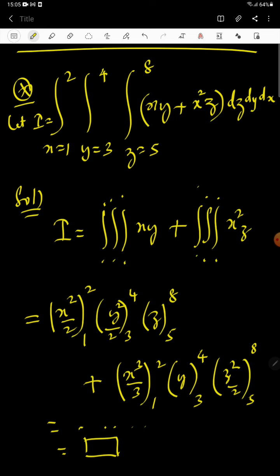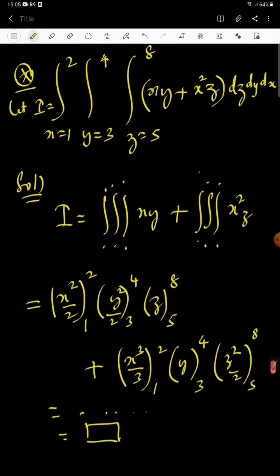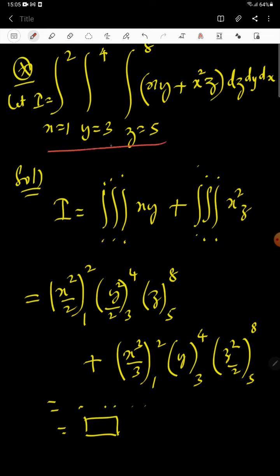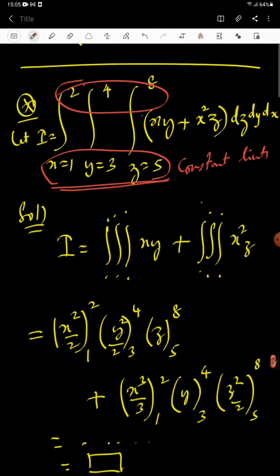So keep in mind, I am stressing this, I'll write it here: constant limits. Here the lower limit and upper limit, all the 6 limits are constants.